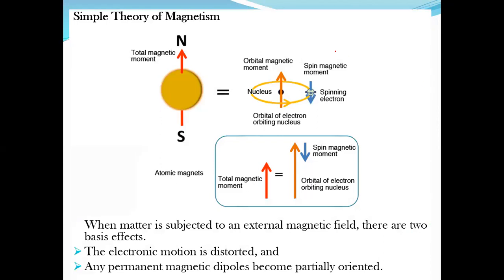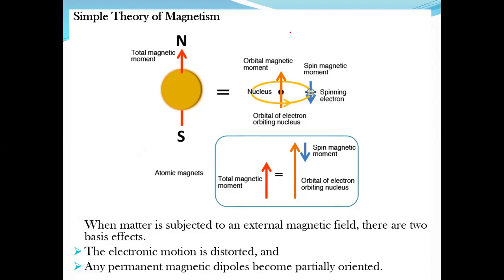So now we'll see the infrastructure of this simple theory of magnetism, the total magnetic moment. We are talking about the atom, with the nucleus at the center.